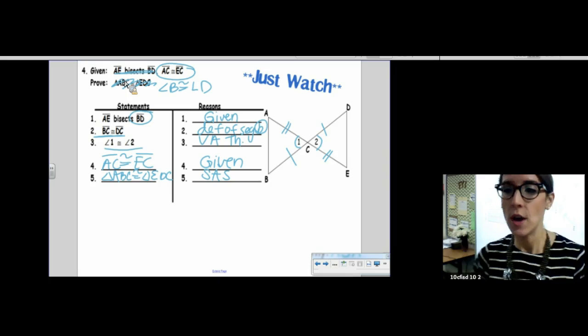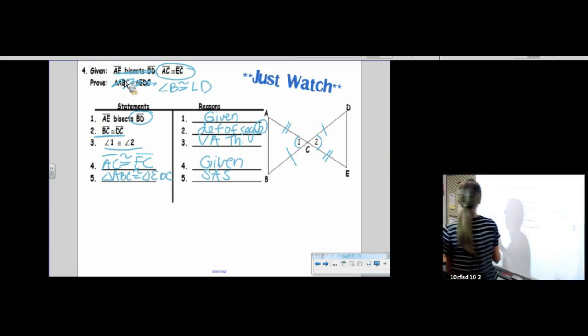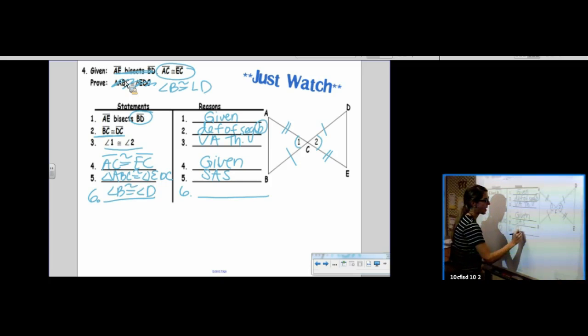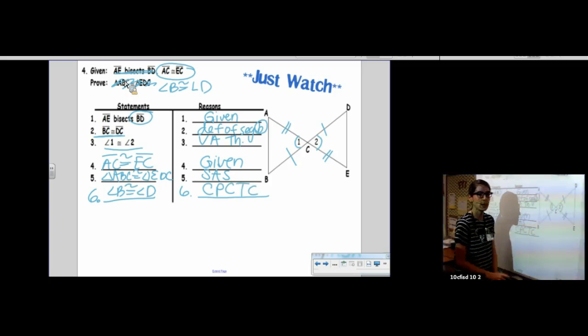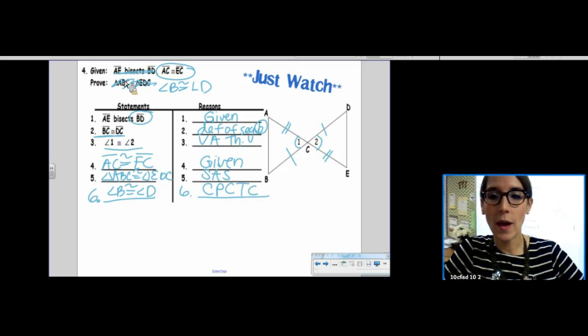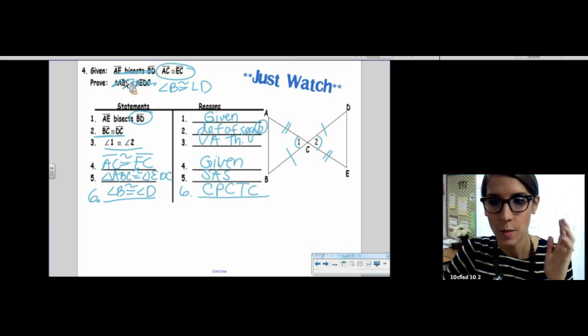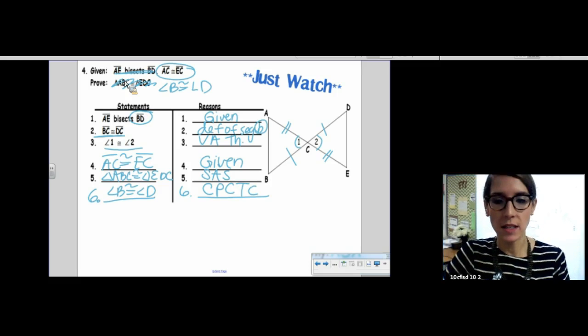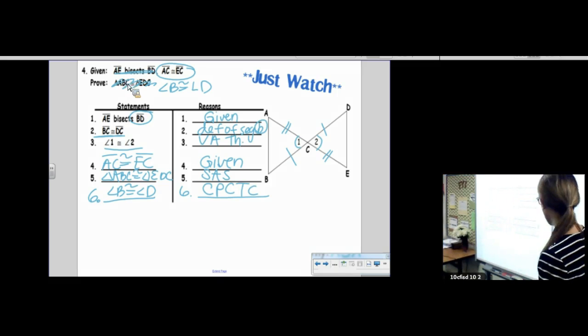No. So, after I say that the triangles are congruent, number 6, then I would say angle B is congruent to angle D by corresponding parts of congruent triangles are congruent. So you use CPCTC when you're going past proving the triangles congruent. When you want to go one step more than that, that's when you use it. Thank you for asking that.